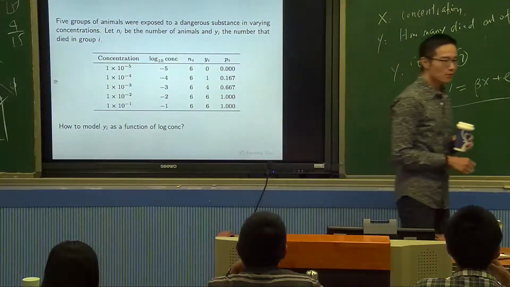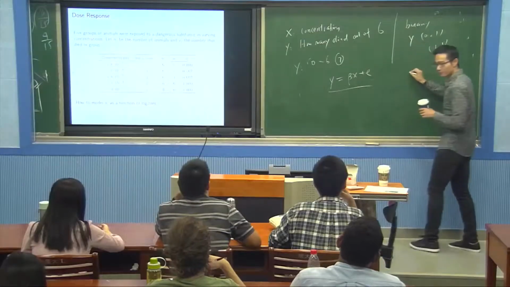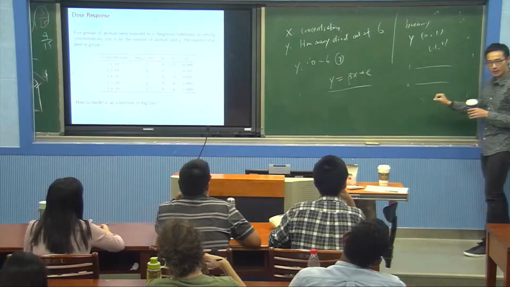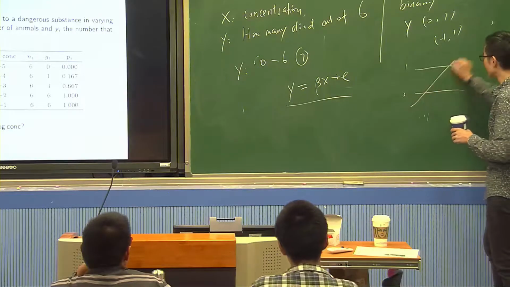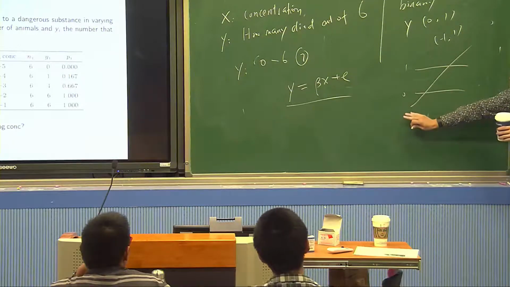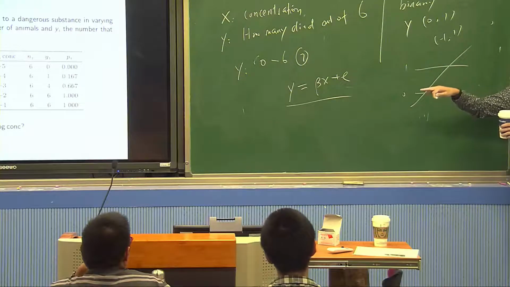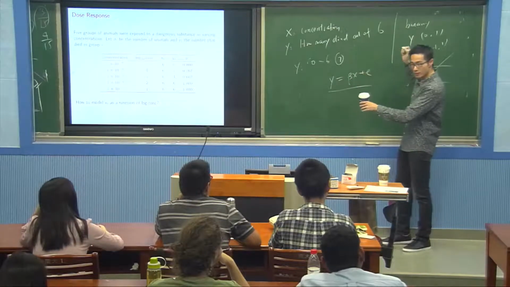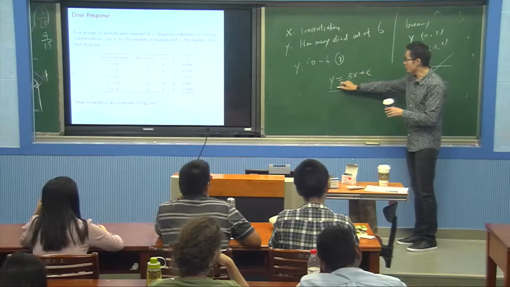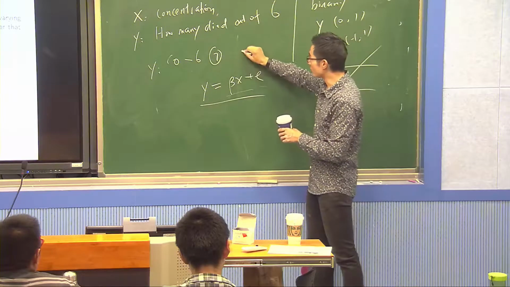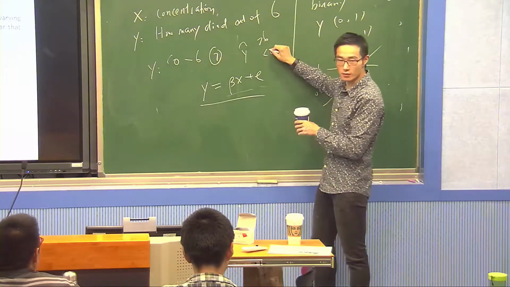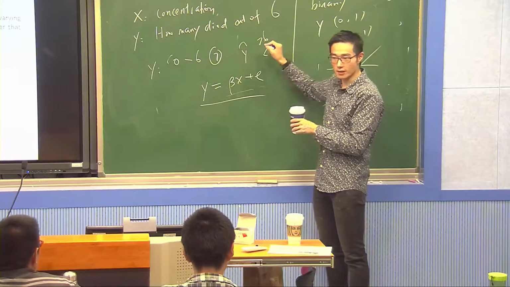Because just like in binary classification, where our y is either 1 or 0, if you fit a linear regression, it can go beyond 1 and below 0. It's not bounded by 0, 1, right? Here, similarly, if our x is really continuous and you do this linear regression, you may end up with a y hat that is larger than 6 or smaller than 0, which is obviously impossible.